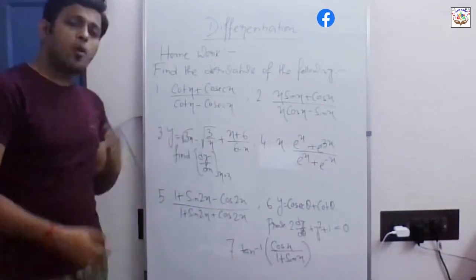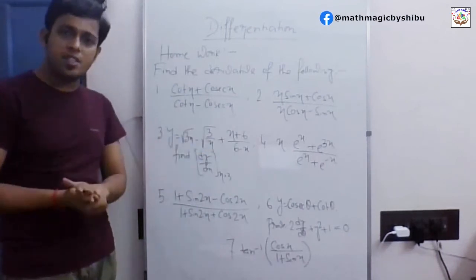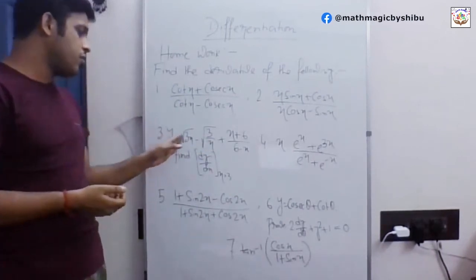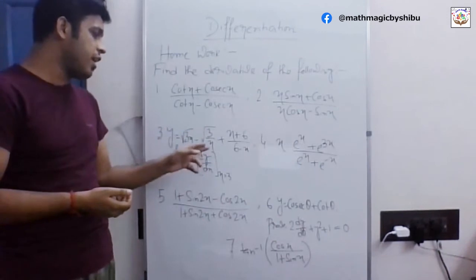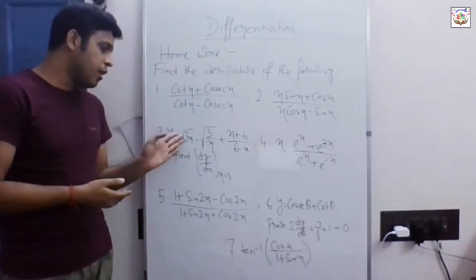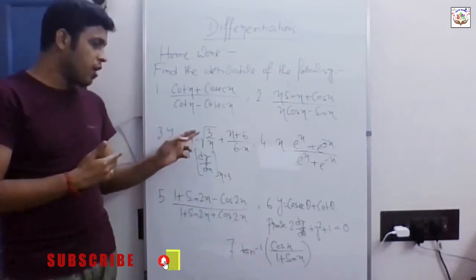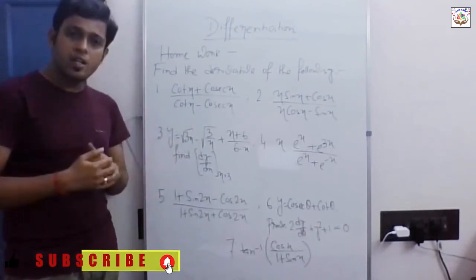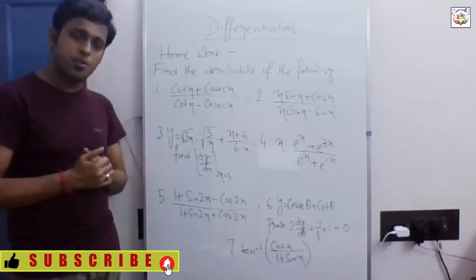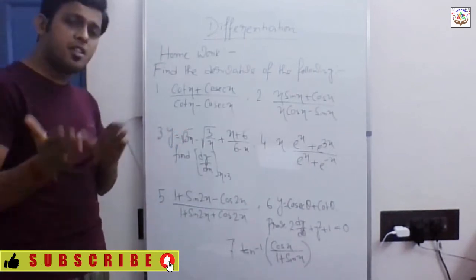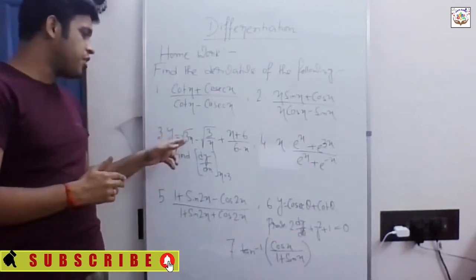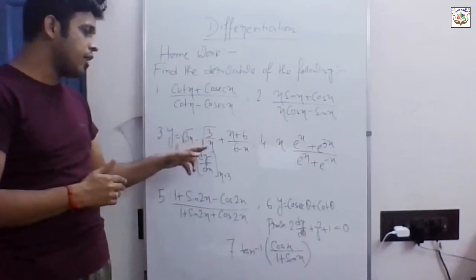For this kind of problem, this is based on simple differentiation. Here root 3x minus under root 3 by x. You can take out the root 3 because root 3 is a constant term, so the differentiation of root 3 is 0. You do not need to differentiate the root 3 itself. You need to differentiate root x and root over 1 by x here.